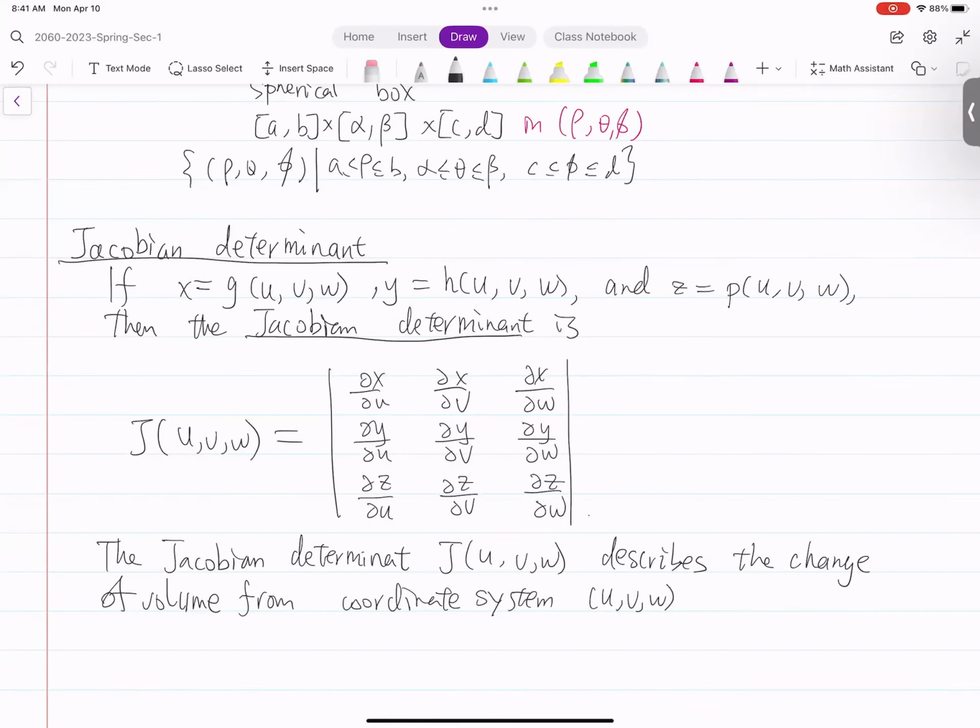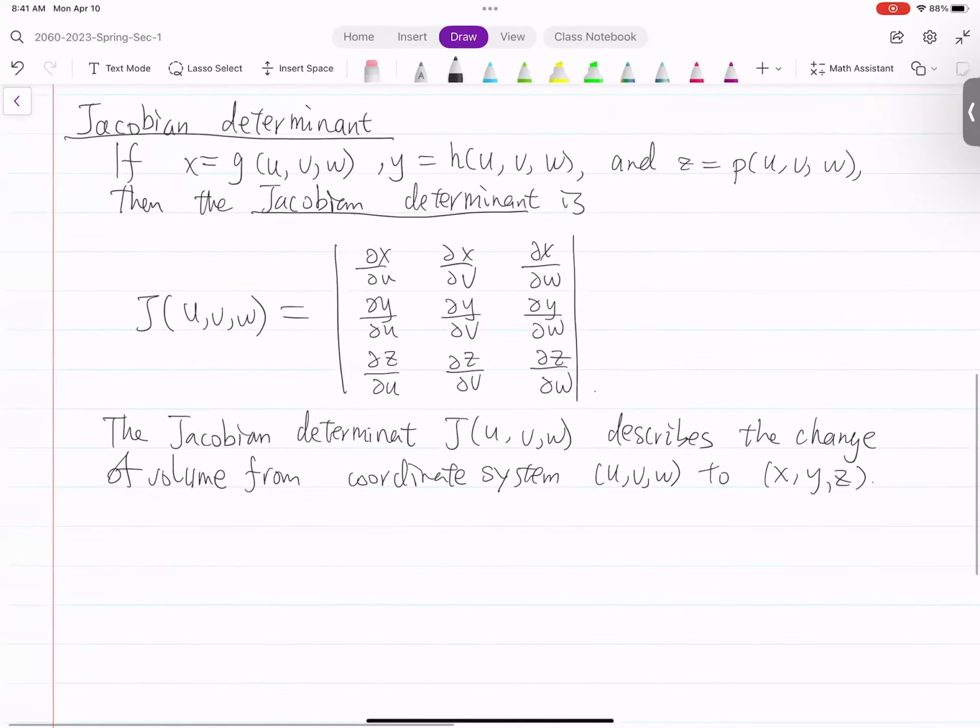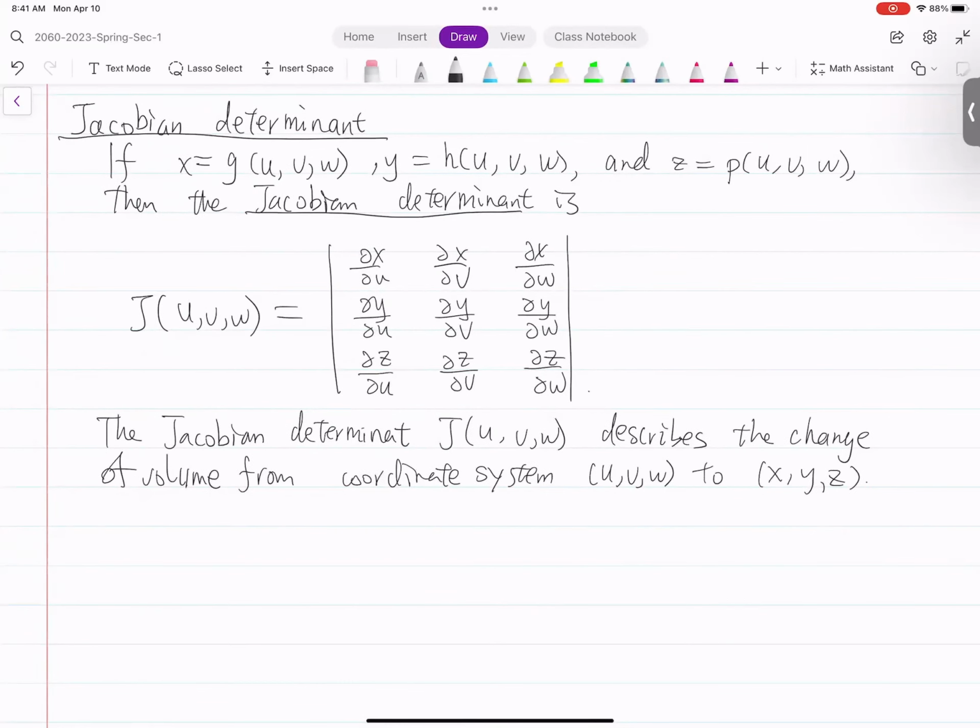So when you want to know the connection from the old volume to the new volume, it's just going to be the calculation of this.